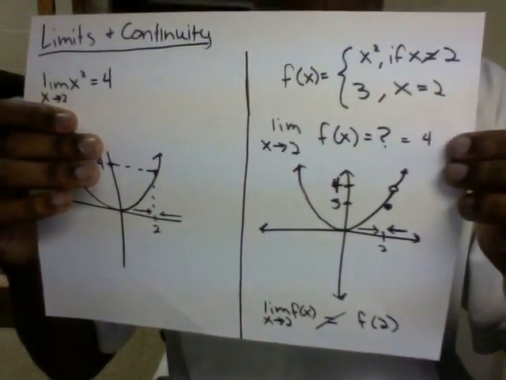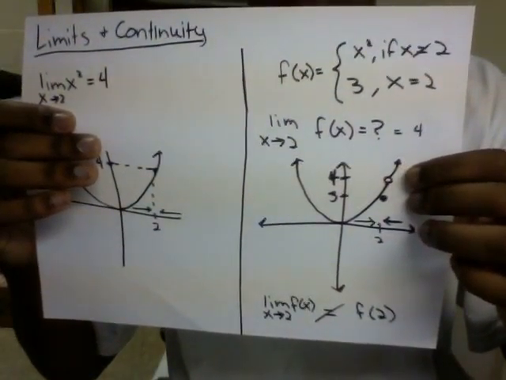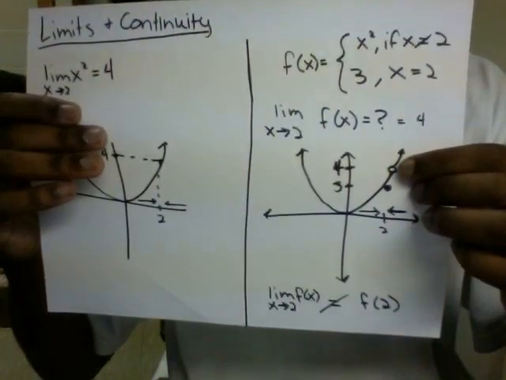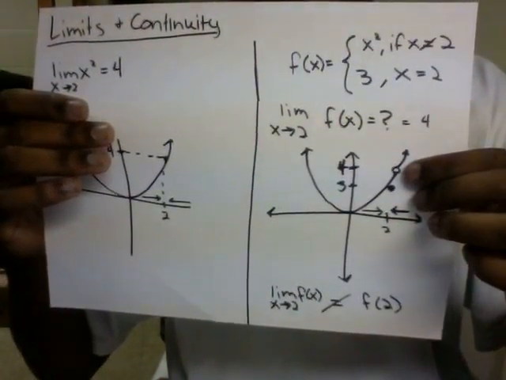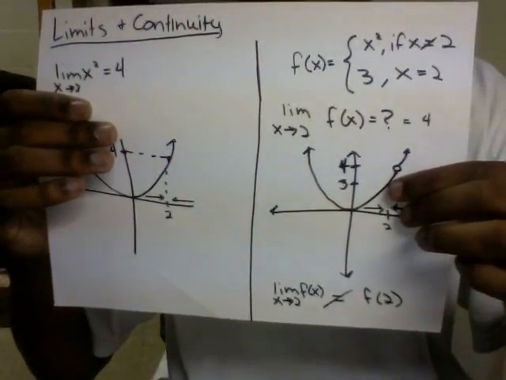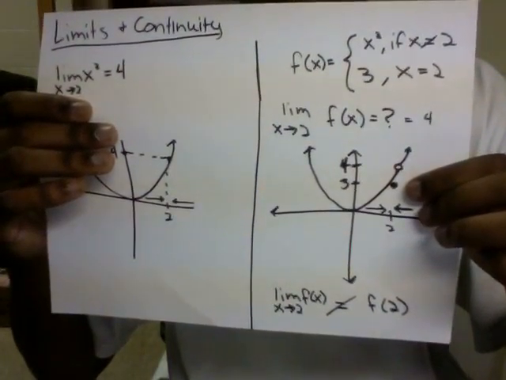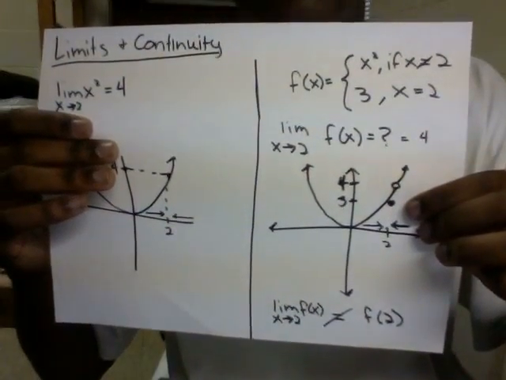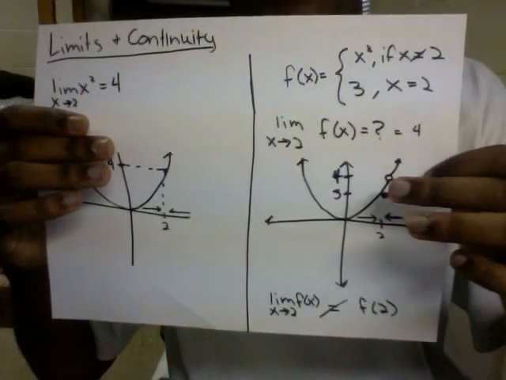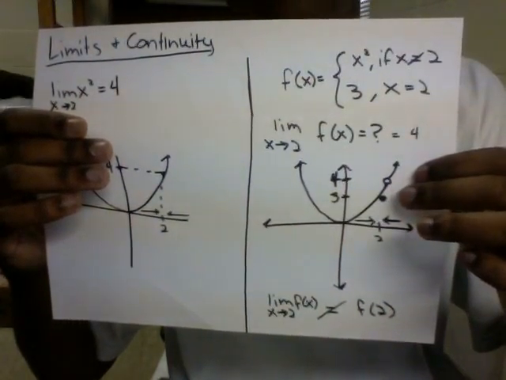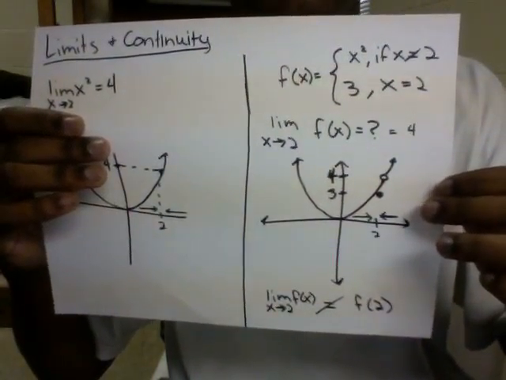So we see that there's a hole in the graph, because when x does not equal 2, f of x equals x squared, but when x equals 2, f of x is actually 3, which makes the graph discontinuous. Though the limit is still 4, because as you approach from both sides, you're still approaching the same point, f of 2 is not 4.